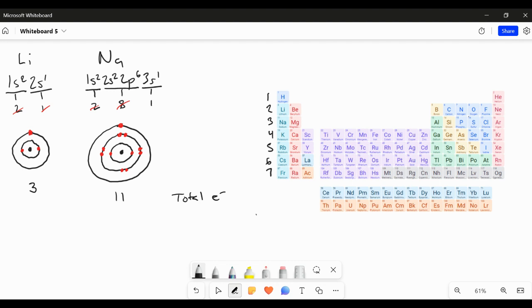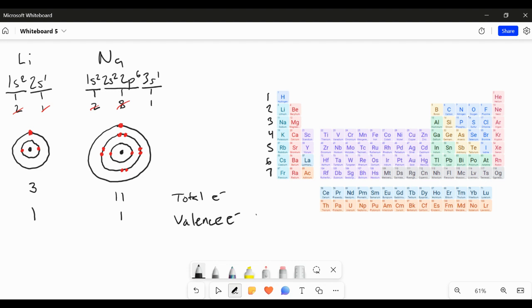Okay, so there's not a lot of similarities here. But if we look at the valence electrons, which are just the outermost electrons, we just want to look at how many electrons are in the outermost ring. For lithium, there's one valence electron. And for sodium, there's also one valence electron.